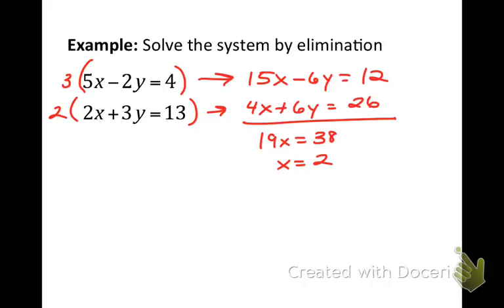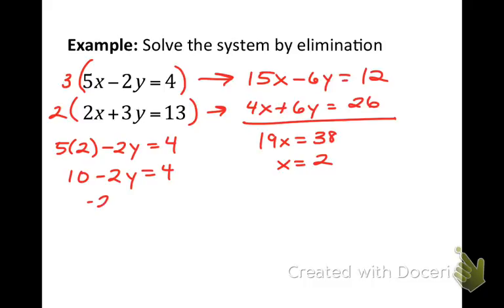Now you got options. You can put this 2 into either of these equations or either of these equations. I would go back to the original because they're smaller numbers. Pick which one you like, first or the second one. Top one. So if we go 5 times 2 minus 2y equals 4, then we get 10 minus 2y equals 4.